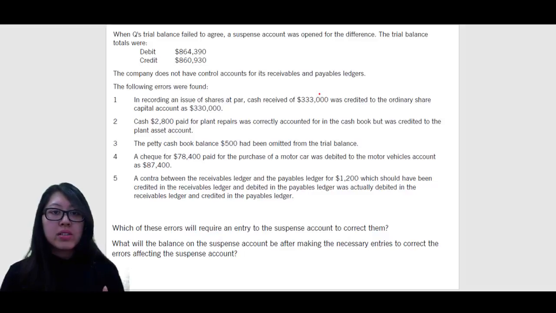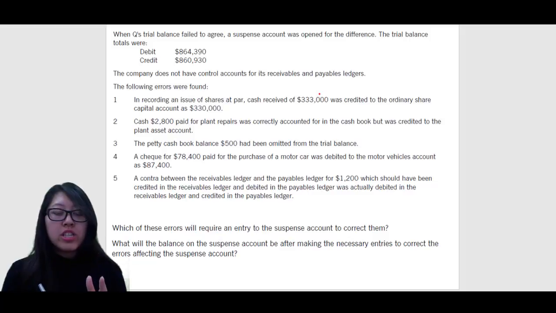When Q's trial balance failed to agree, a suspense account was opened for the difference. The trial balance totals were debit 864,390, credit 860,930. So because they said a suspense account was opened for the difference in these totals, let's try to figure out how much that balance is.